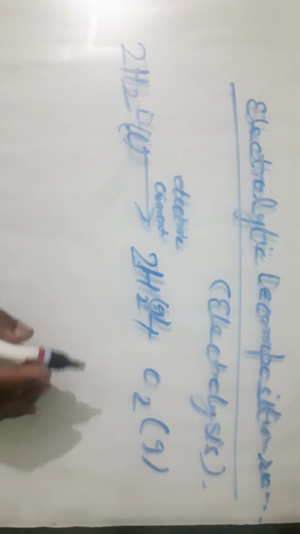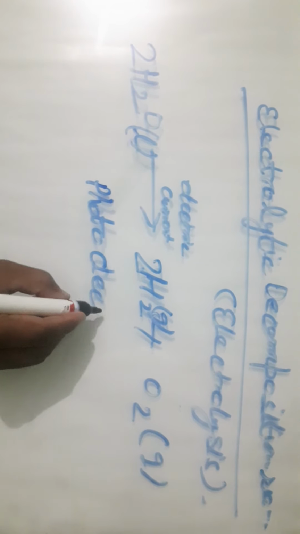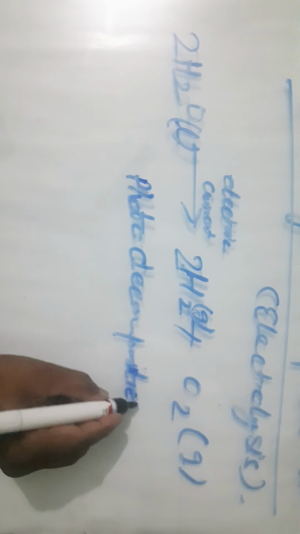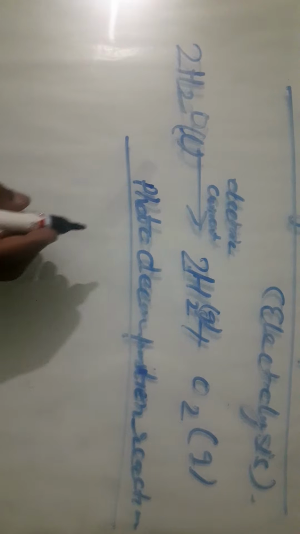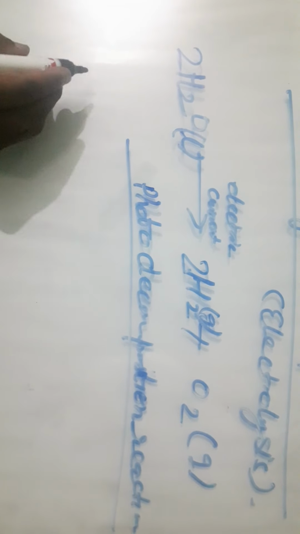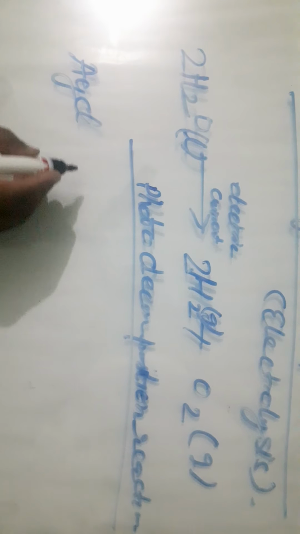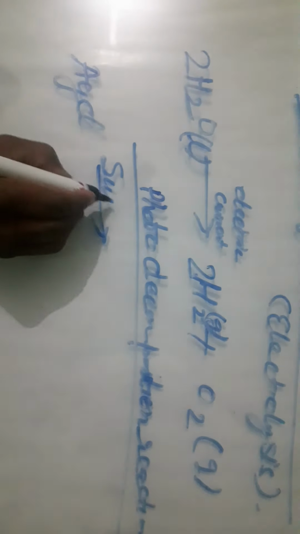And now another example, photodecomposition reaction. In this type of reaction, decomposition takes place in the presence of sunlight, when AgCl, silver chloride, is kept in sunlight.